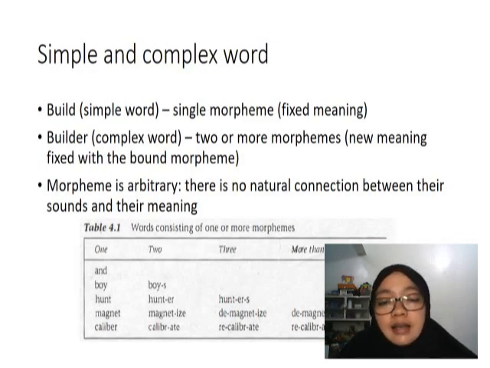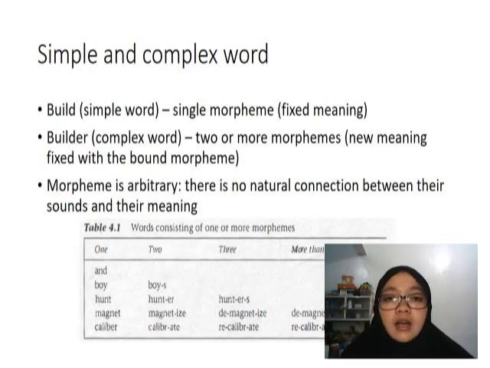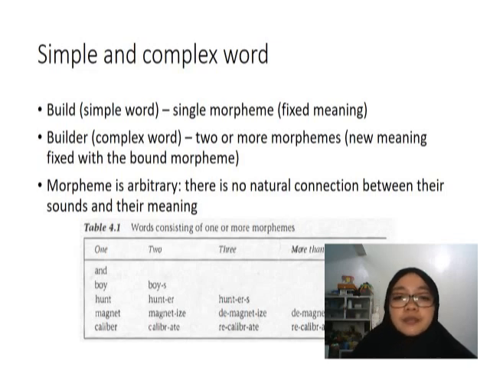In this case, morpheme is arbitrary. There is no relation between the sounds and the meanings. As I told you at the very beginning of the meeting when we talked about linguistics, language is an arbitrary vocal symbol. It means that the sounds of the language itself do not represent the things, do not represent the meanings.